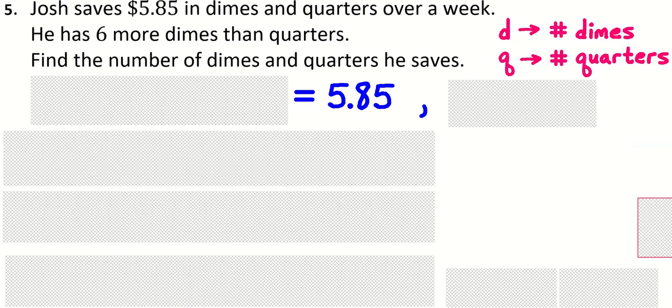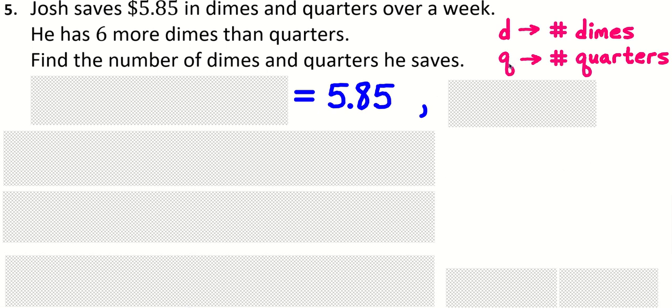Because at first we don't know how many dimes there are, and we don't know how many quarters there are. That's literally what we're supposed to be finding out. So oftentimes in a story problem, whatever they want you to come up with for the final answer, that's exactly what your variables are going to be taking the place of temporarily. So we're going to use D for the unknown number of dimes, and Q for the unknown number of quarters.